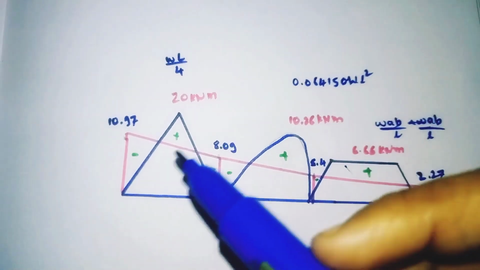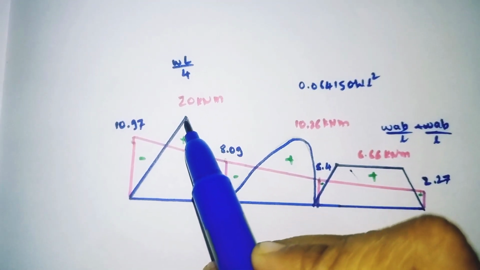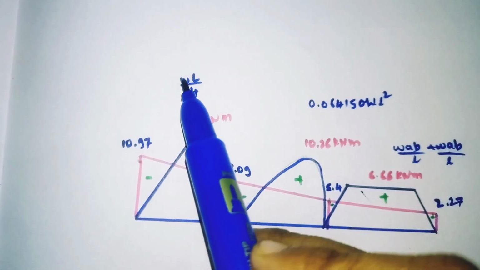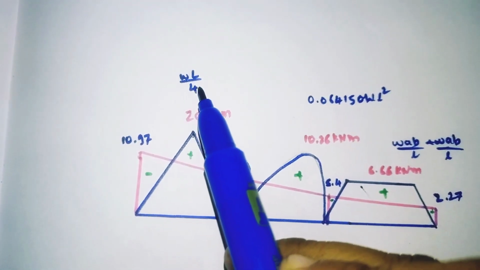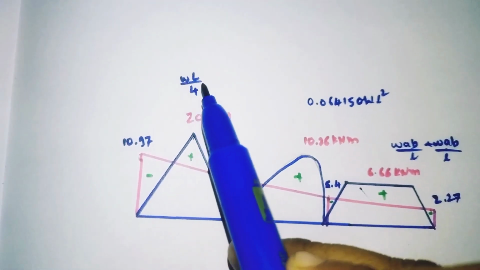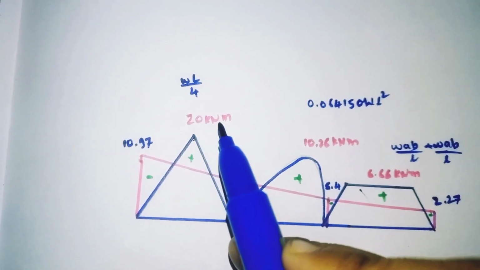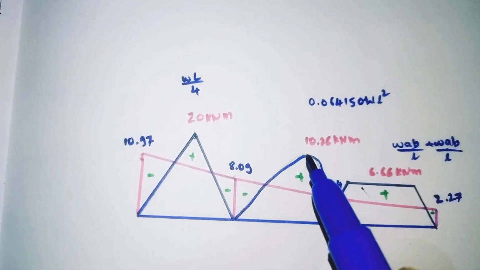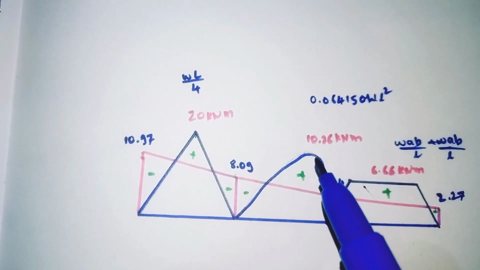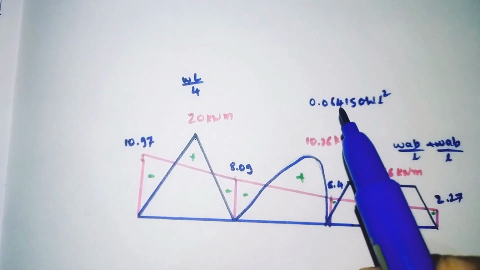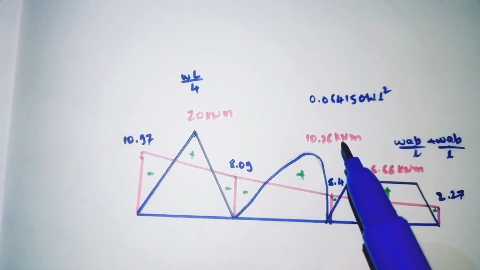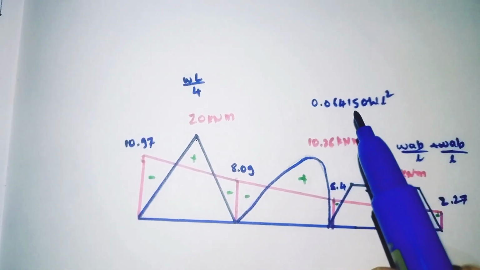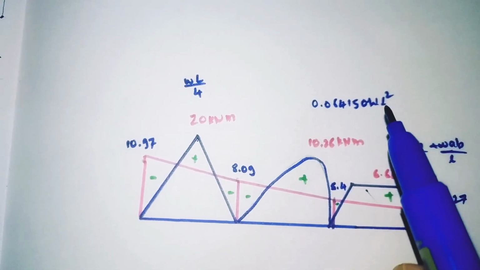I will explain here. To find the maximum value for the point load, we have the formula WL divided by 4. Substituting all the values and simplifying, it will come out as 20 kilonewton meter. The maximum height of the uniformly varying load, we got 10.26 kilonewton meter with the help of the formula 0.064150 WL square.